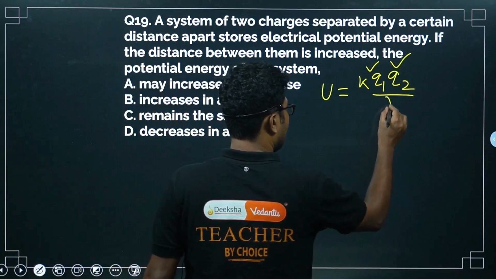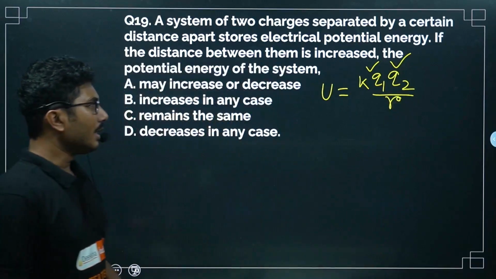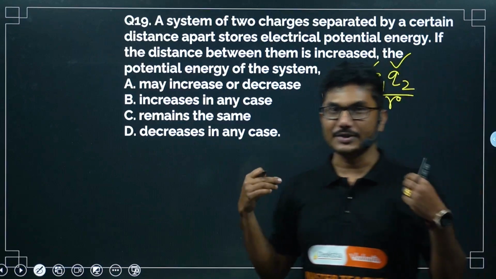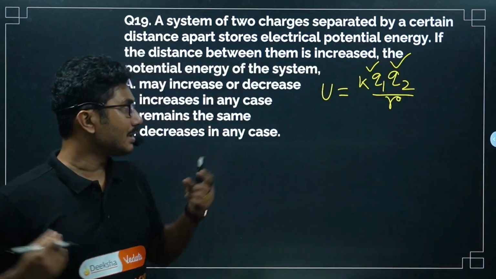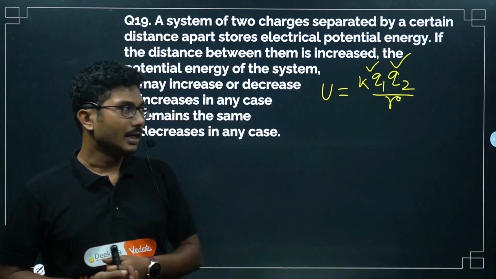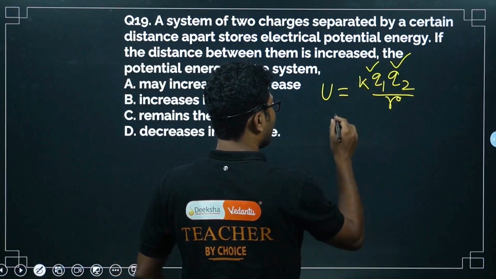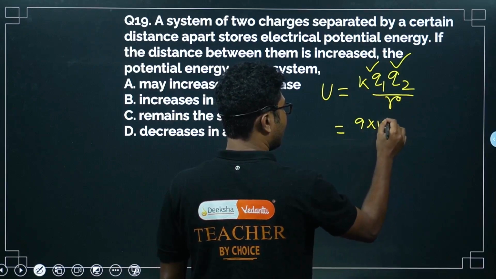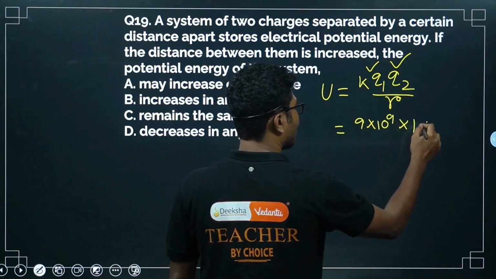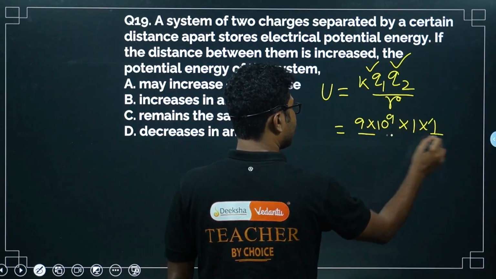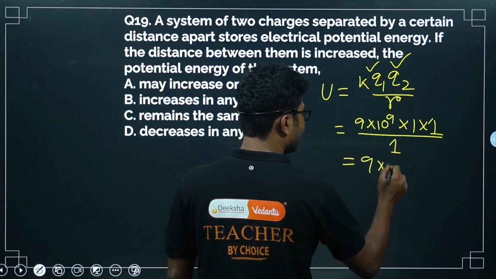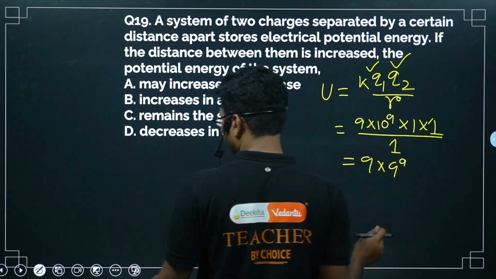It's simply R, right? So if I increase the distance, if the charges are of the same sign, in that case the potential energy will decrease. So initially suppose k is 9 times 10 to the power of 9, Q1 and Q2 are 1 coulomb, and the distance was 1 meter. So initially potential energy was 9 times 10 to the power of 9.